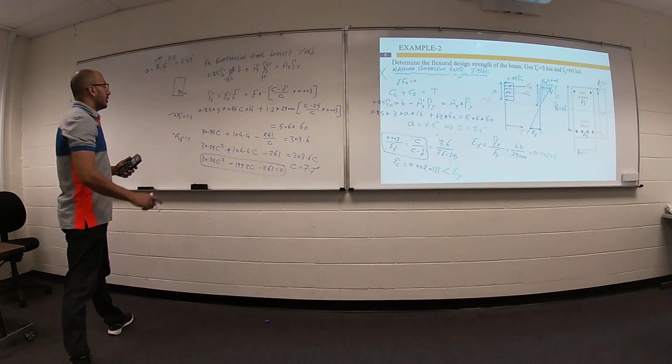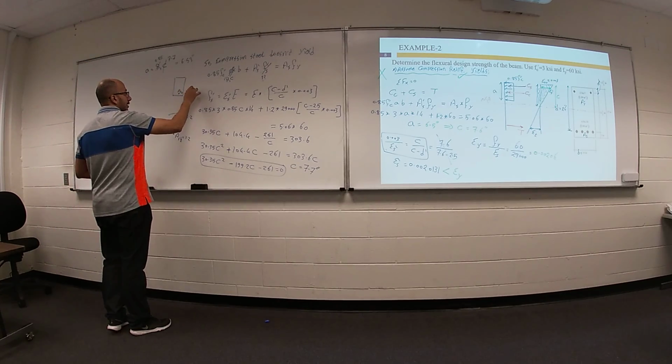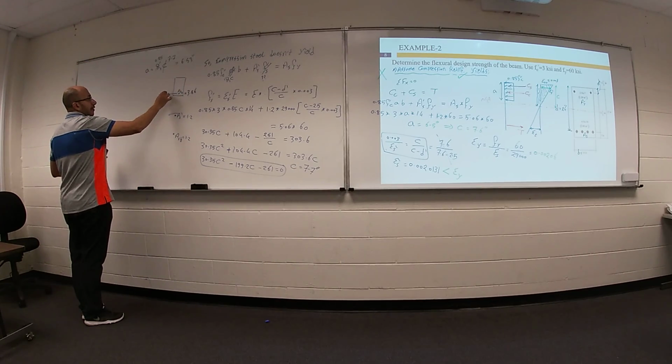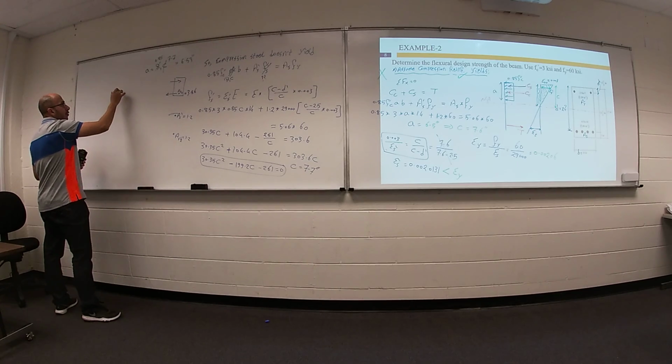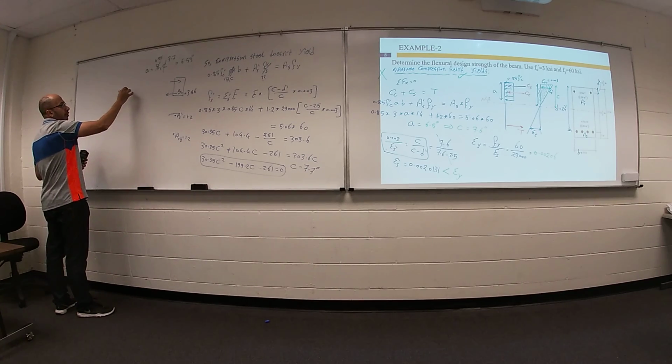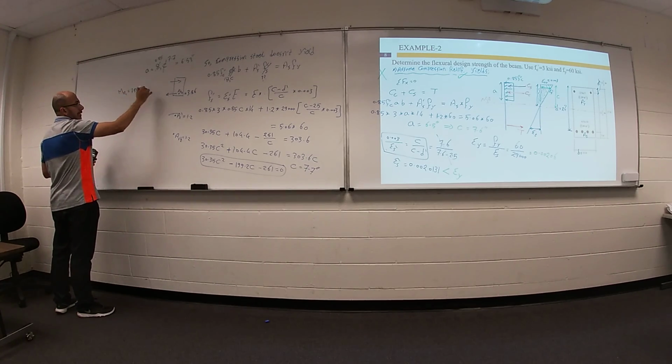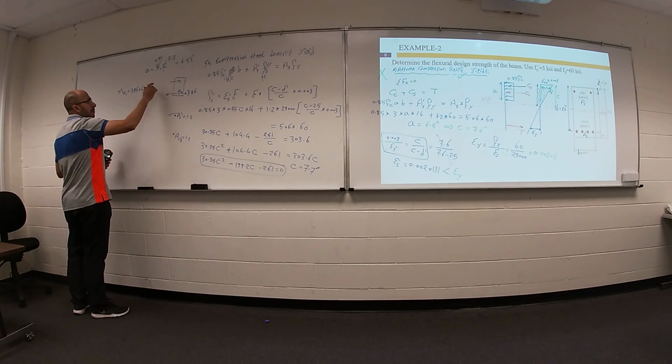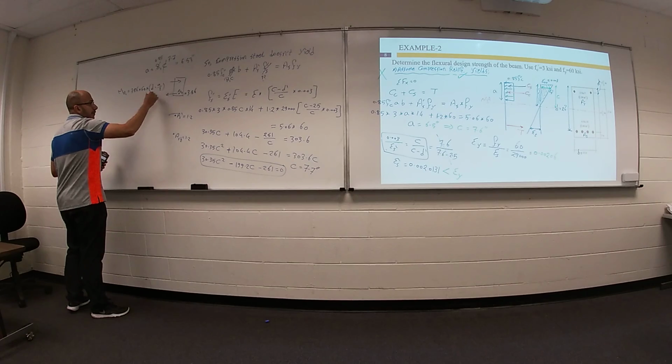No, 3.86. Between the tension force here and the compression force here, we have Mn1 equals 3.86 area steel times F yield times your depth minus A divided by 2.